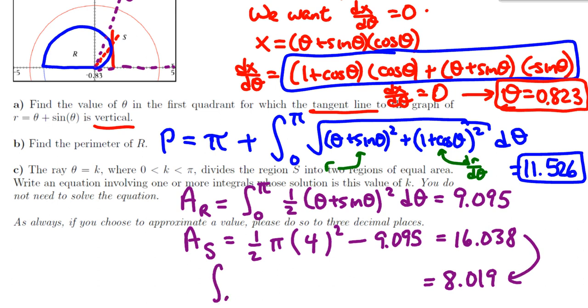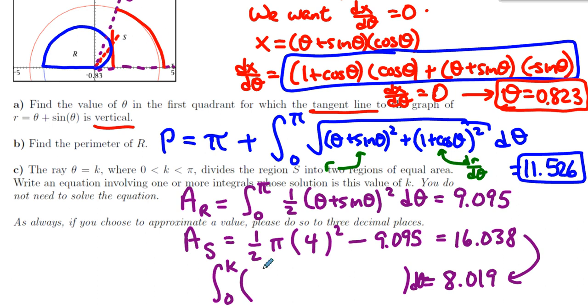We are going to integrate from 0 to k. But what? Well, there's a big area to integrate minus a small area to integrate.